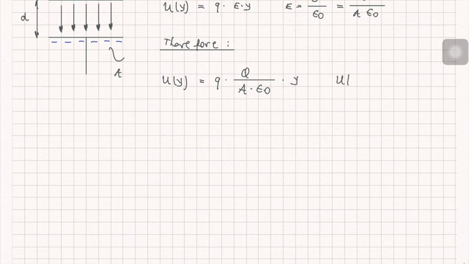And we're choosing the zero point at zero, just like the analogy to a gravitational field restricted to Earth's surface: U of 0 equals 0.